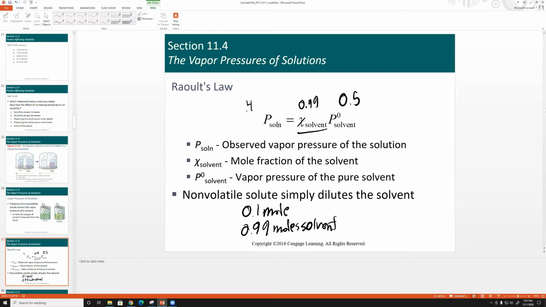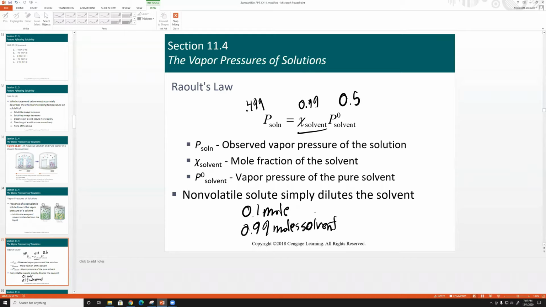It might be 0.499. The reason is that adding only a little solute created a little bit more intermolecular forces in the solution, but not nearly enough to change the vapor pressure of the solution by much.